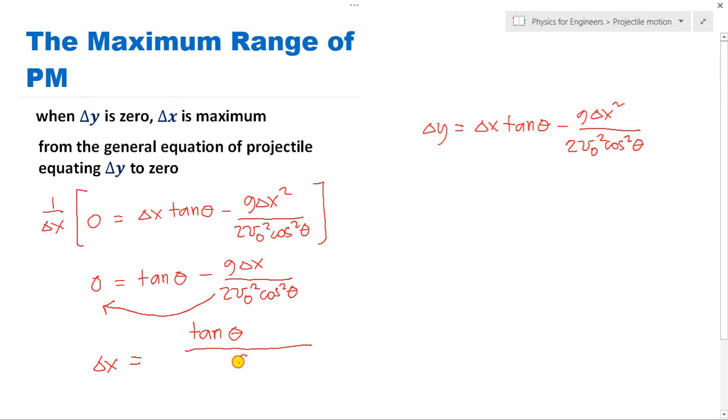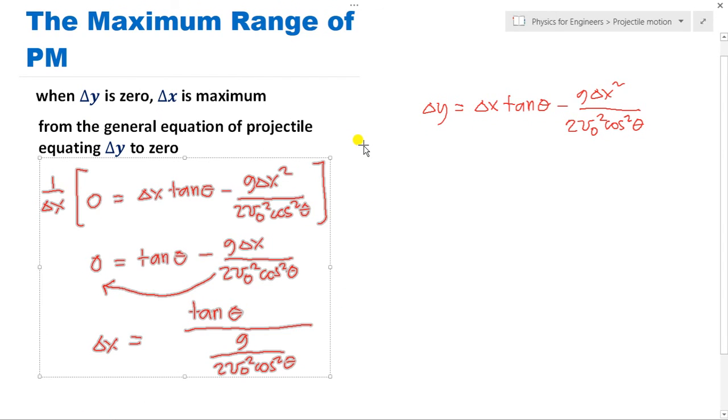This is g all over 2 v naught squared cosine squared theta. So ganon, take note of this one. So i-erase muna natin para hindi siya lagi. So let's continue our derivation.